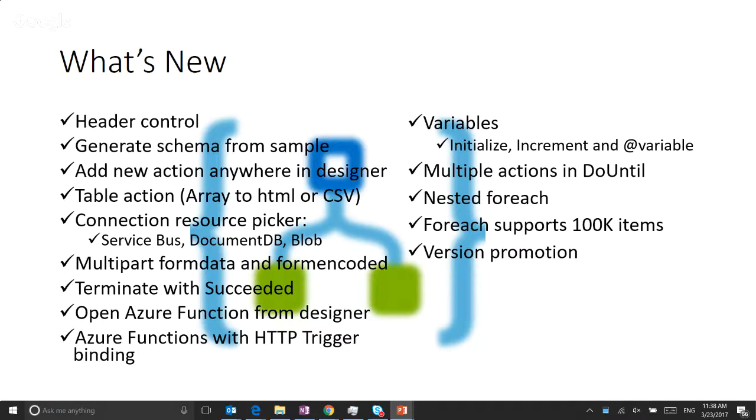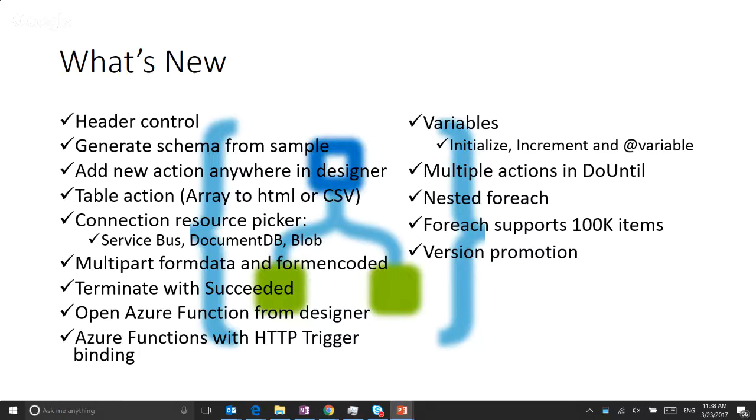Version promotion. Told you versioning was in here. We've added a new entry point in the portal so that you can look at your old versions, and every time you save your logic app, it has a version that's saved in our backend. That's always been there. We just never exposed it.